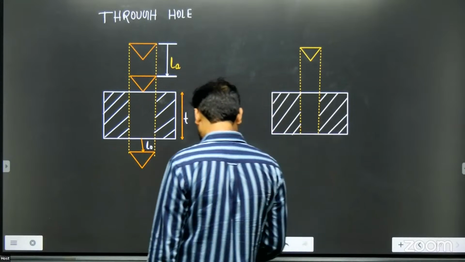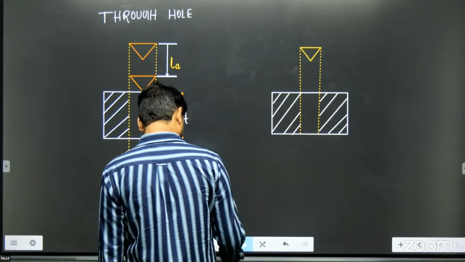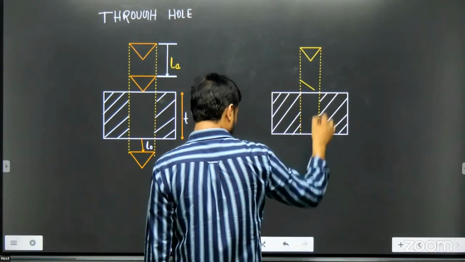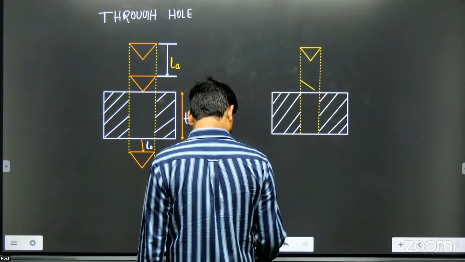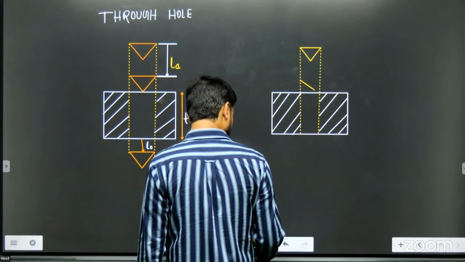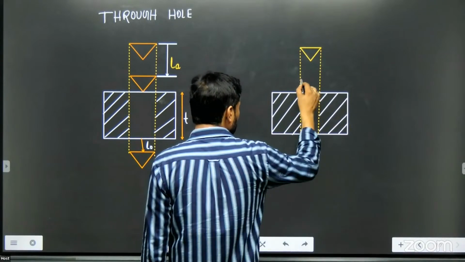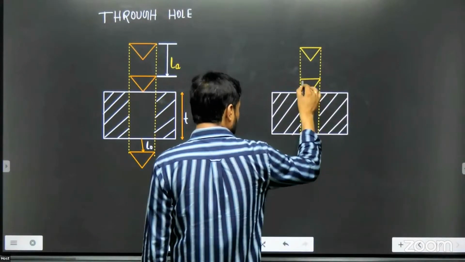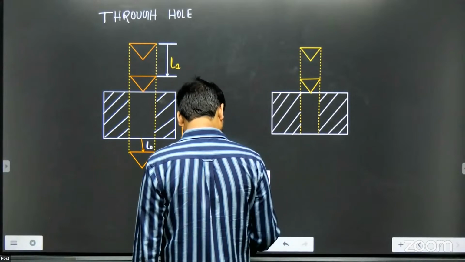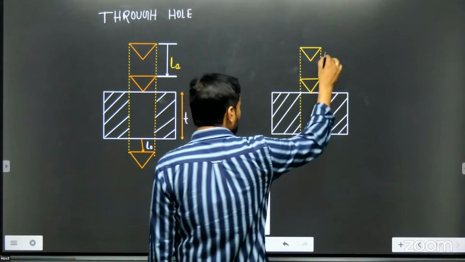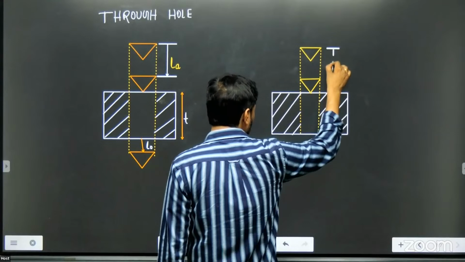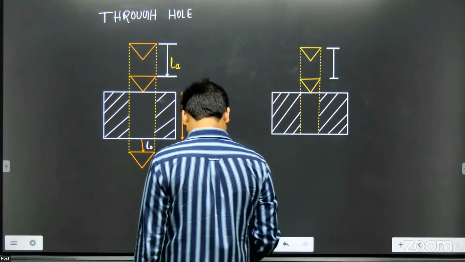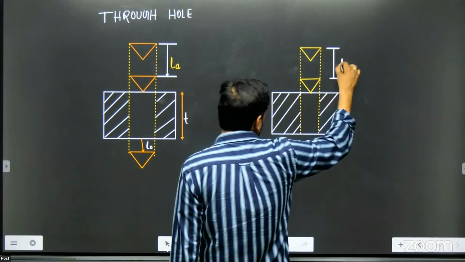So before coming in contact, the drill will have to travel by the way this much. So again here, this is what we'll call as approach.